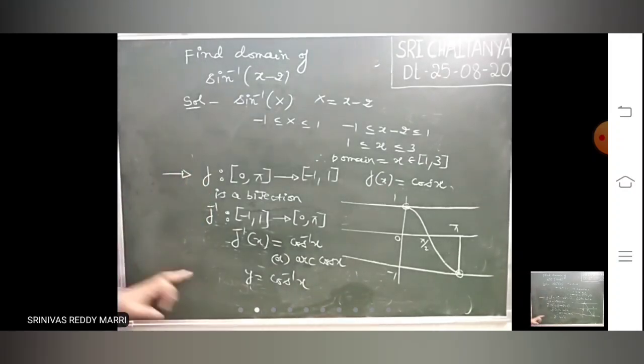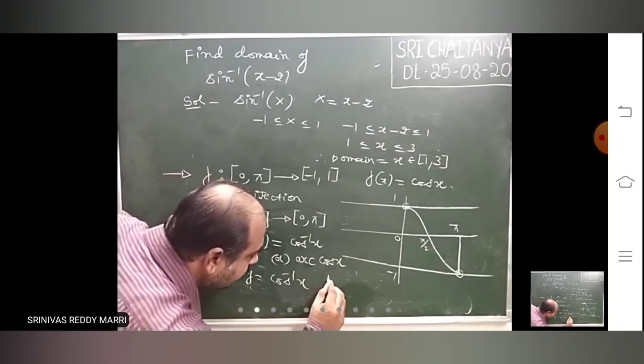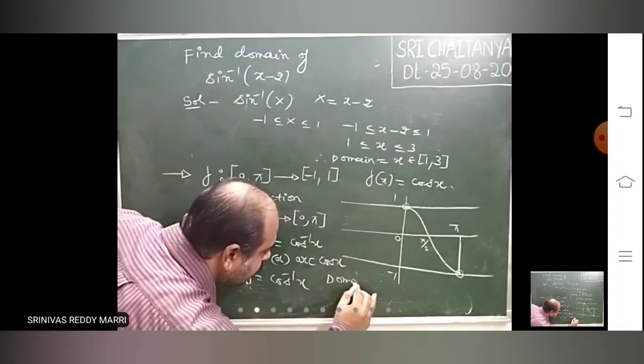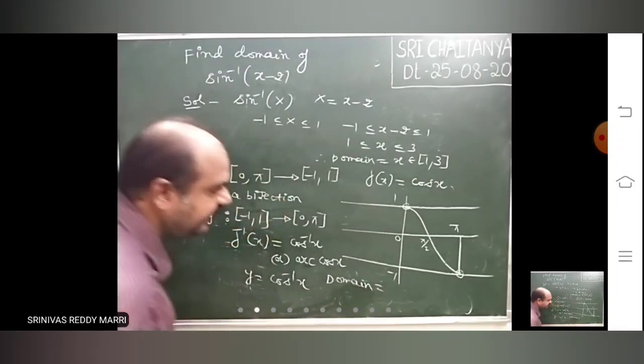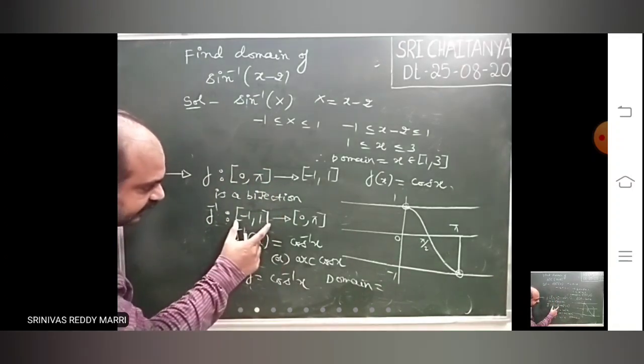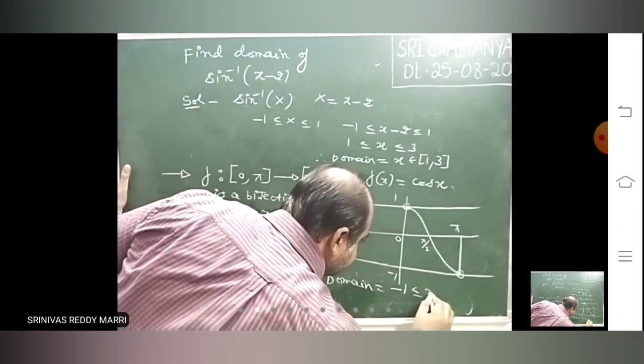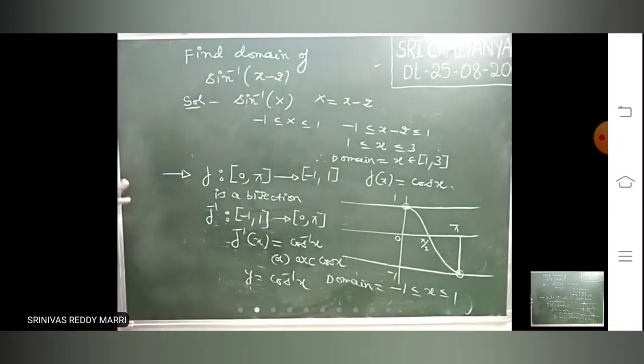The domain of this function is nothing but x. So x will lie between -1 and 1.